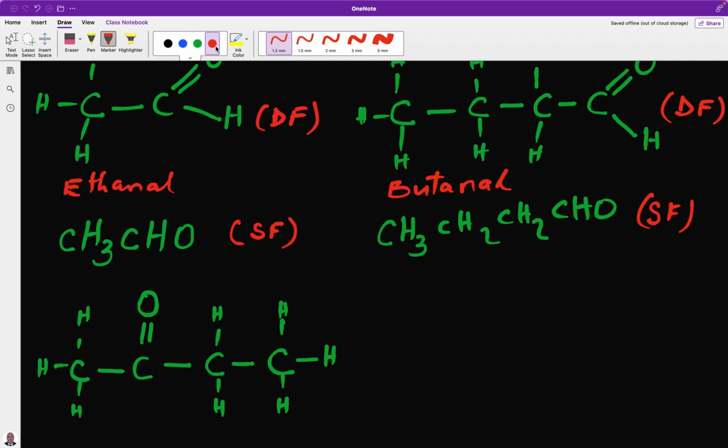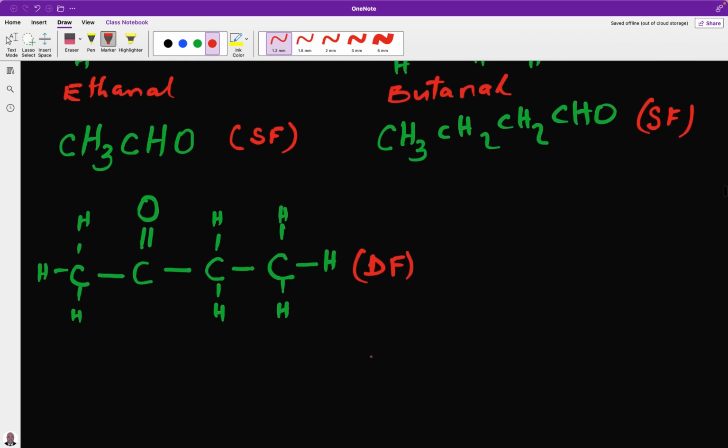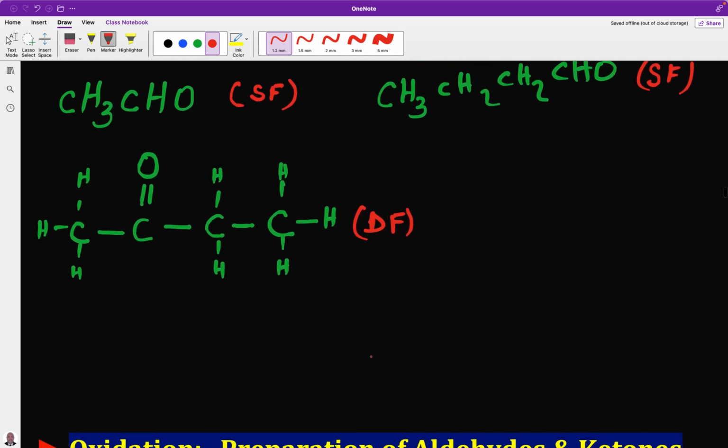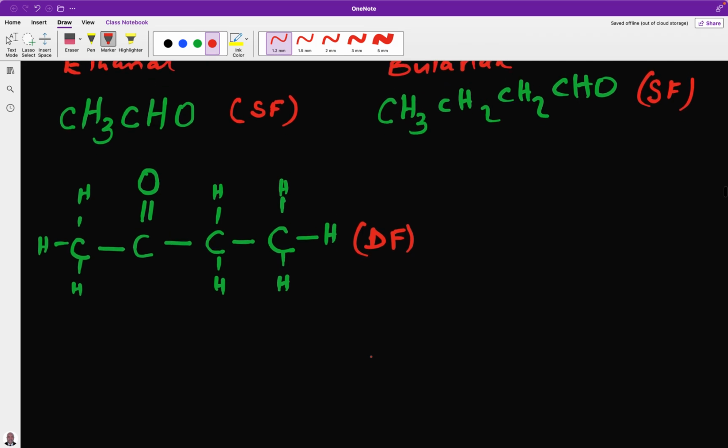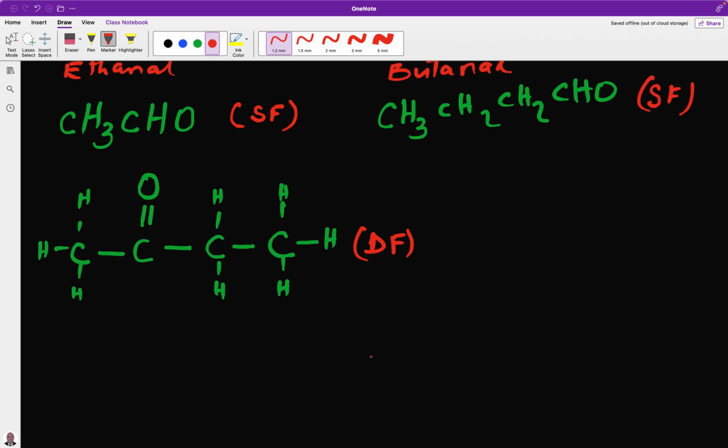This is the displayed formula, DF. And the name of this compound, this is a ketone. Carbon 1, carbon 2, carbon 3, carbon 4.